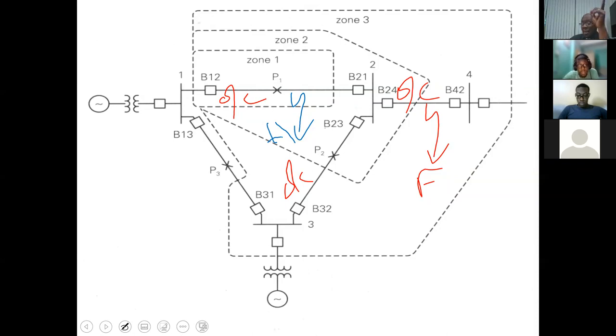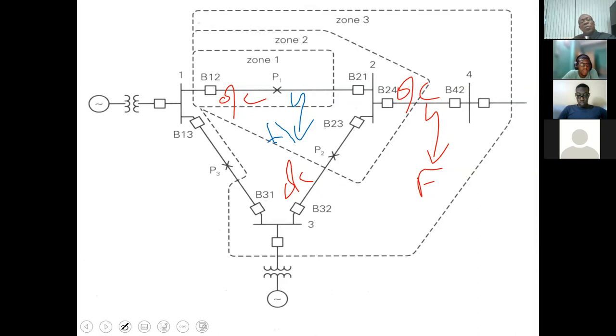Again, ideally, we would love the relay for line 1 to 2 to operate. What I'm driving at, students, is that whilst those are ideal conditions in terms of the relays that we would love to operate, to achieve it is extremely difficult.